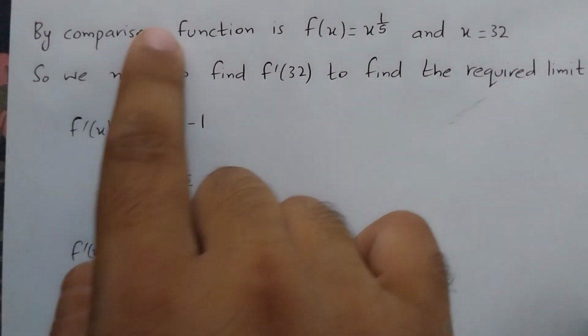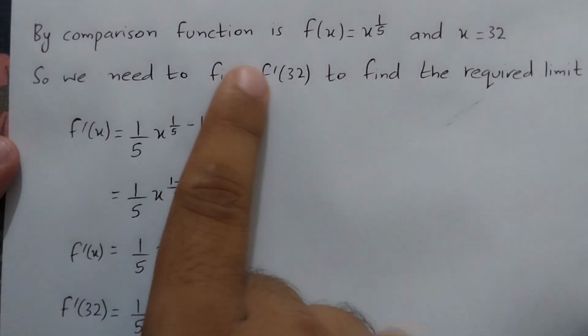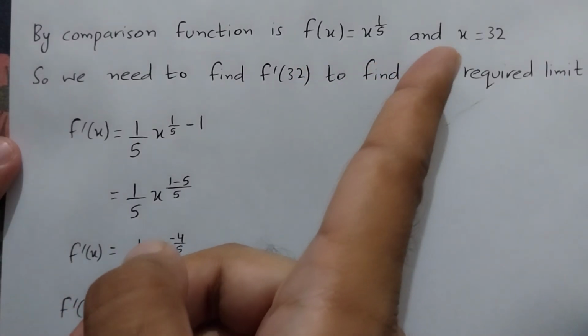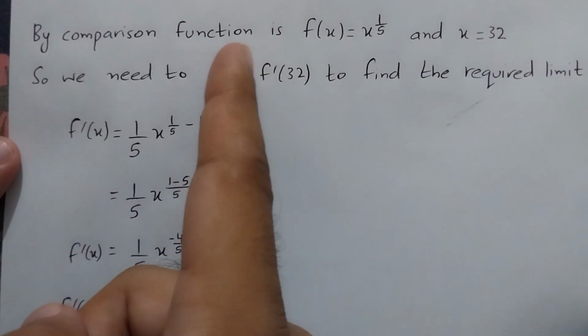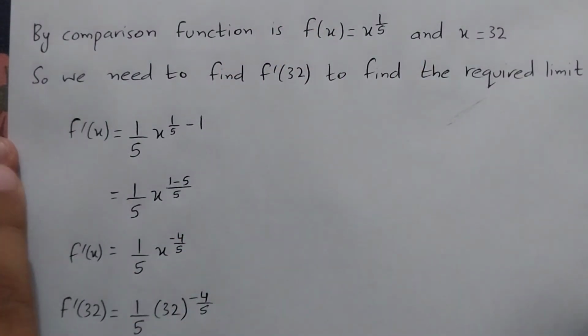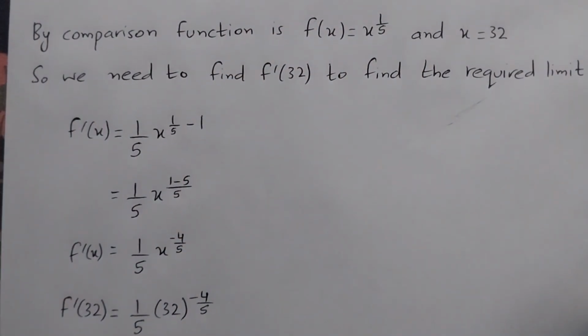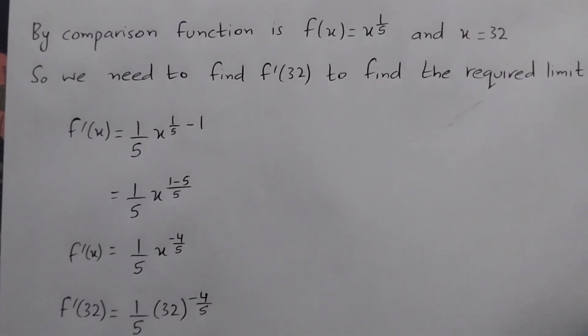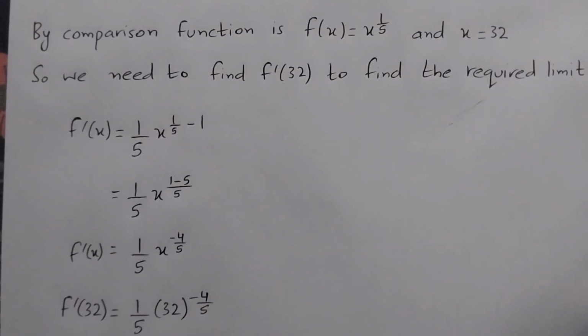So by comparison, our function is f of x equal to x raised to power 1 by 5 and x is equal to 32, simply by comparing the required limit and the definition of derivative. We need to find f dash of 32, and for that we need to find f dash of x first.